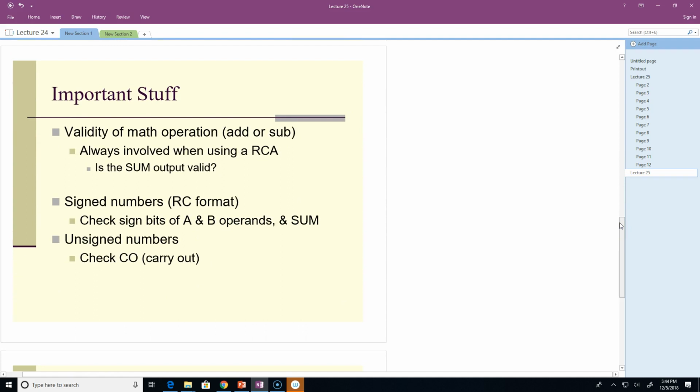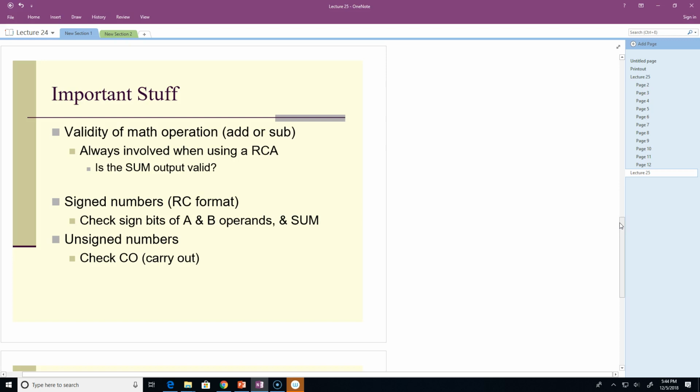Okay, so I actually copied part of this presentation from an old slide, and we've gone over most of the old stuff, but this slide was still sitting here. It was worth saying. It was something I used on the quiz today. It has to do with validity of operations associated with ripple carry adders.